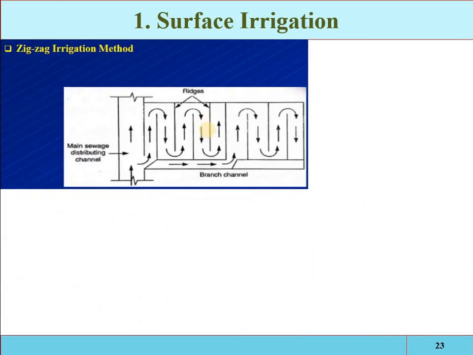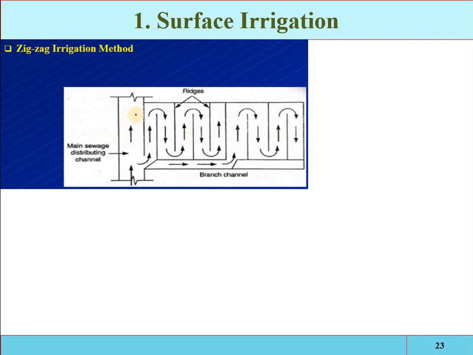And the zigzag irrigation method is also one of the controlled surface irrigation methods in those areas where the slope is very mild. The water will not move in the forward direction if there is almost zero slope. If there is no slope, then the water cannot move from the upstream area to the downstream area directly.